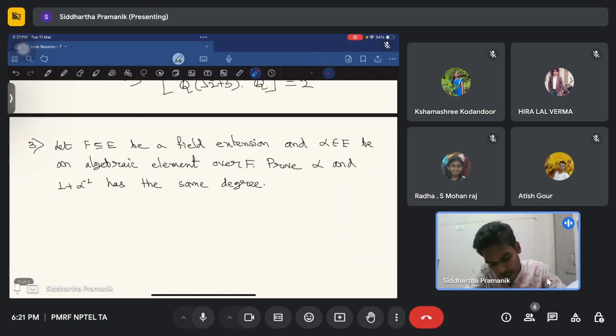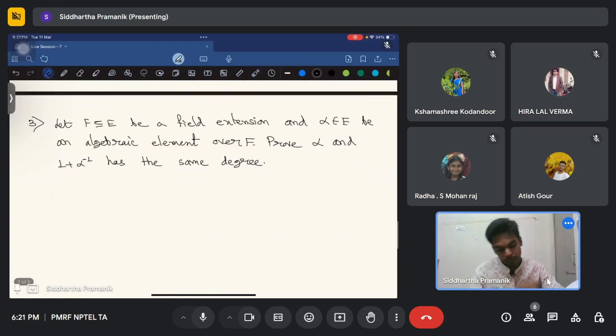So this problem says that if you take an algebraic element alpha, then the element 1 plus alpha inverse is also algebraic and the degree is the same. I hope you have understood this problem.